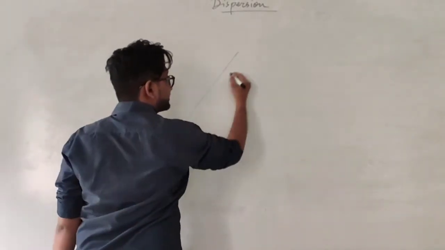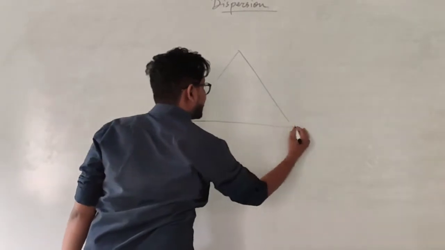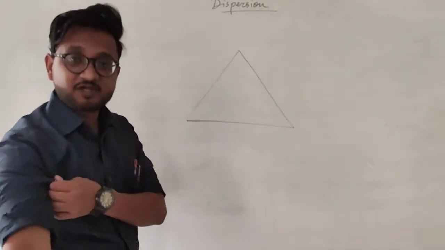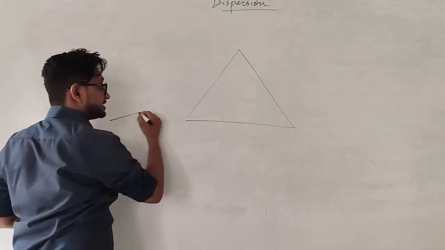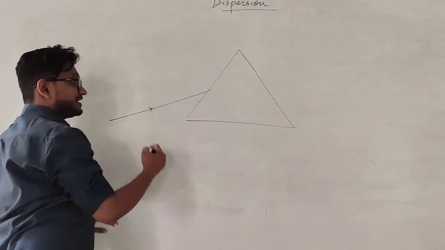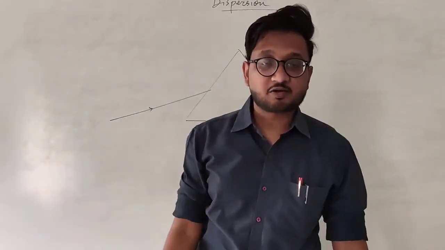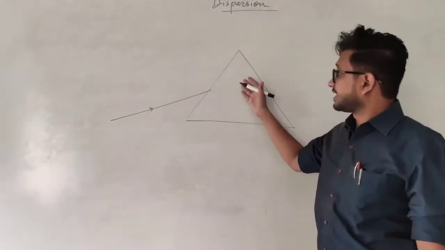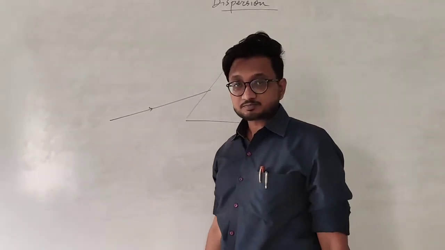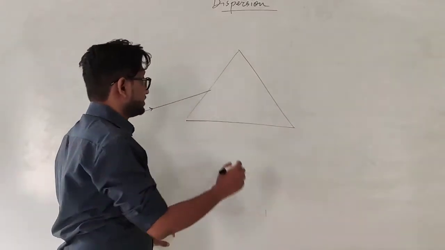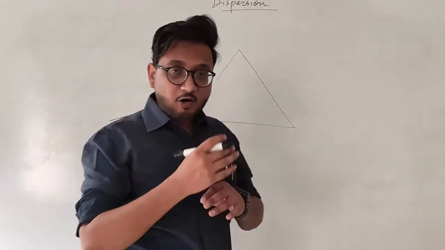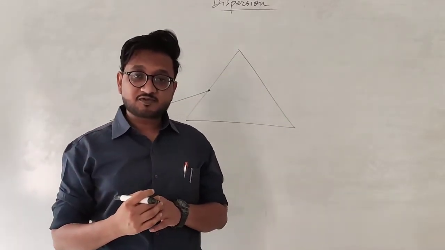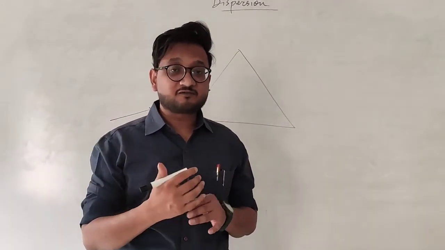We take a glass prism, and at an angle we make a white beam of light incident on this particular glass prism. Now at this point, when the light enters, all the colors of the white light have different wavelengths.